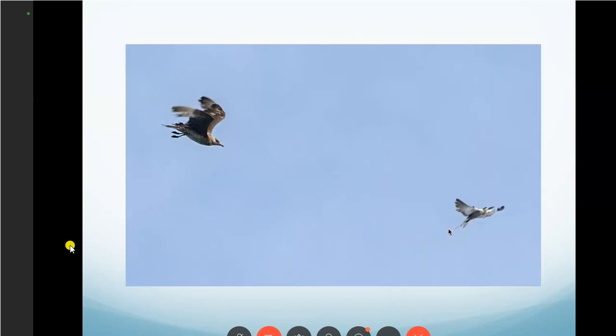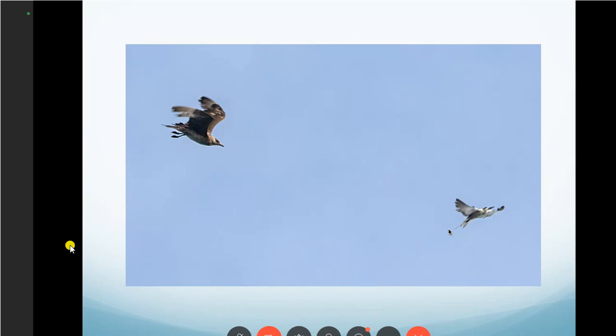Now take a look at this image. This is an Arctic skua, and on the right-hand side is a bridled tern. What this skua is doing is following the tern, the idea being to dislodge the prey in the tern's beak and eat it. You must have observed that a lot with gulls, that they steal prey from other species.